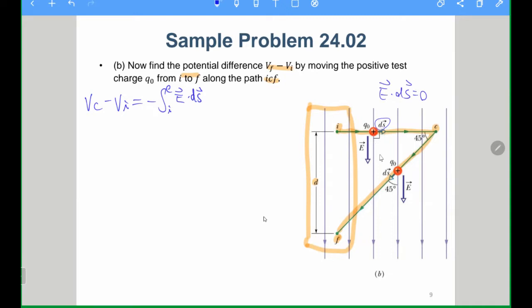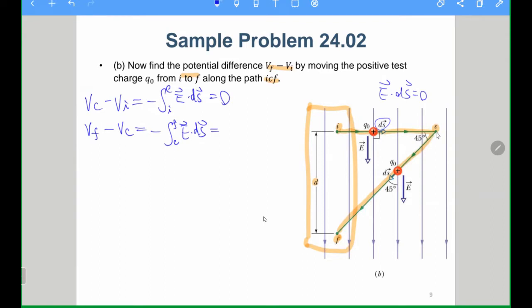So the inner product will be 0, and we have a 0 for the first part. Then we would like to also calculate VF minus VC, which will be negative integration of E dot ds from C to F.